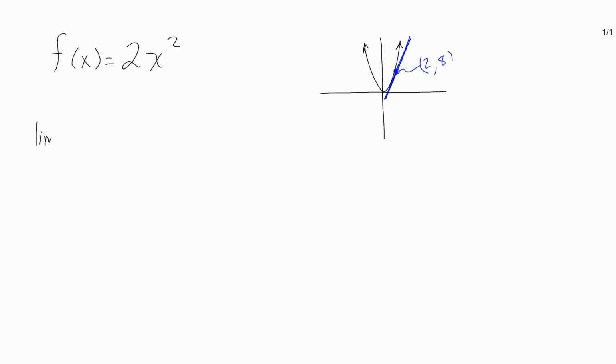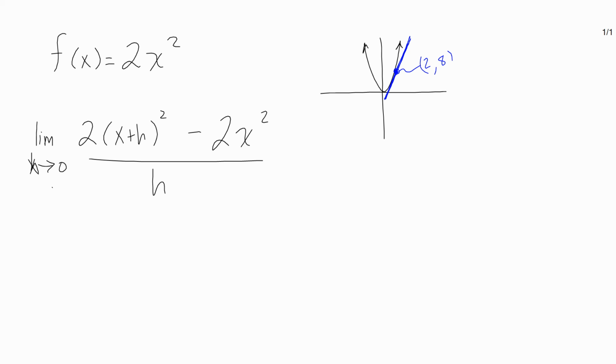The limit as h approaches 0 of f of x plus h, and the first thing you do is rewrite this with big parentheses, minus f of x, which is 2x squared, over h. What do you plug in here? x plus h. You plug that in.